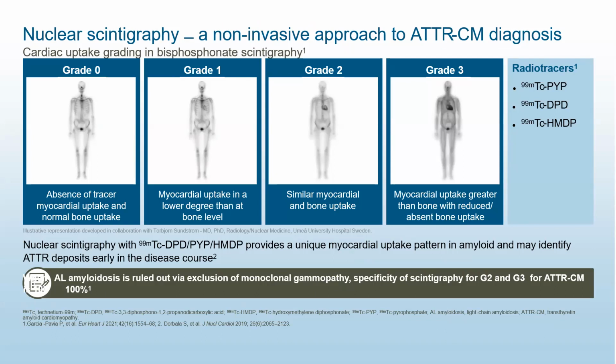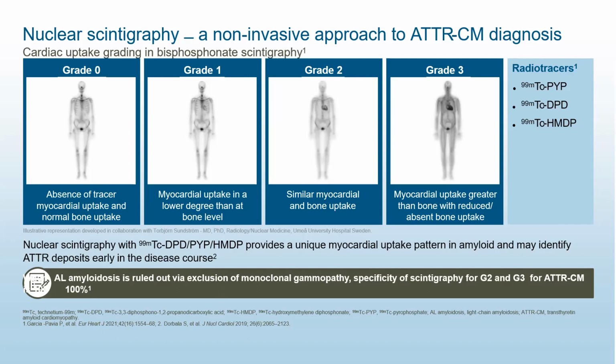Either the heart does not take the radio tracer, or the heart takes the radio tracer less than the bone, or the heart takes the radio tracer equal to the bone, or the heart takes the radio tracer more than the bone.